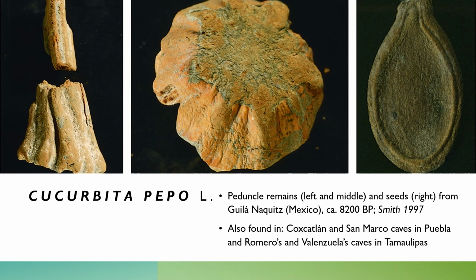Nine accelerator mass spectrometer radiocarbon dates on these specimens document the cultivation of Cucurbita pepo by the inhabitants of Guilá Naquitz Cave between 10,000 and 8,000 calendar years ago.